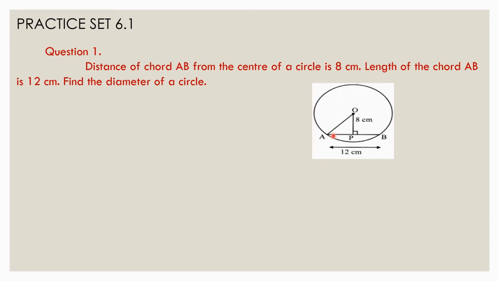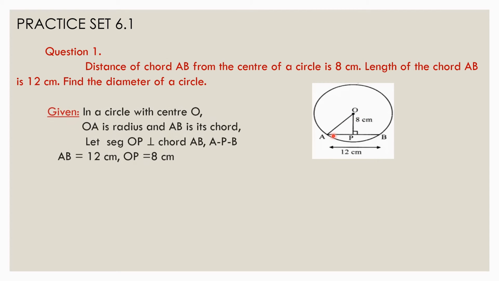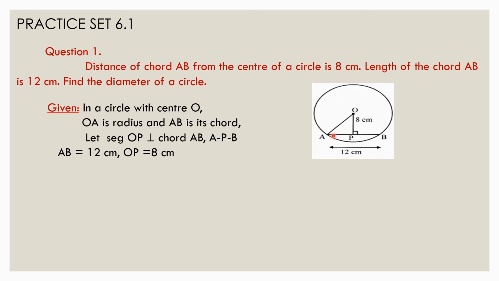First write given. In a circle with the center O, OA is the radius and AB is its chord. Let segment OP be perpendicular to chord AB, and AB is equal to 12 cm and OP is equal to 8 cm. To find the diameter of the circle.